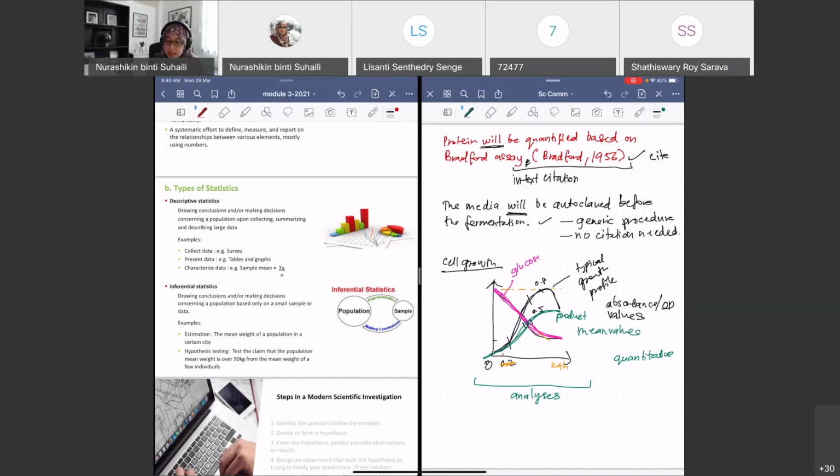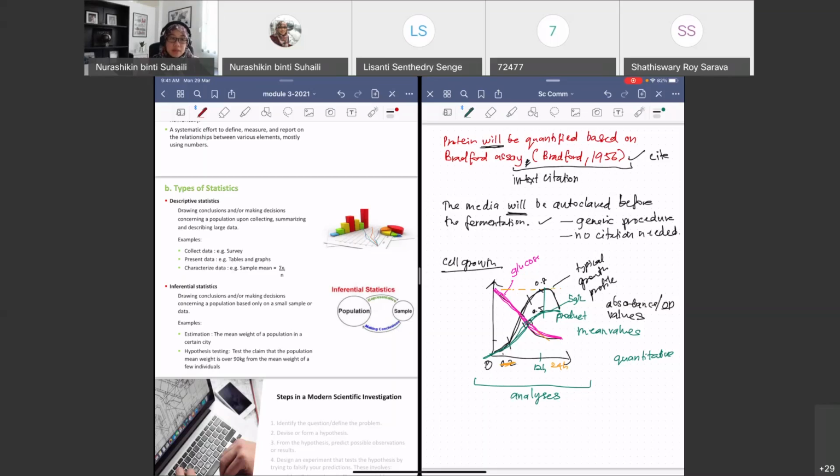Now here I describe the data as it is, right? I describe that the growth is like that. It reached the highest point over here at 12 hours, and then it starts to decline from maybe 13 hours to 15 hours. The maximum bioethanol production is, let's say, 5 grams per liter.